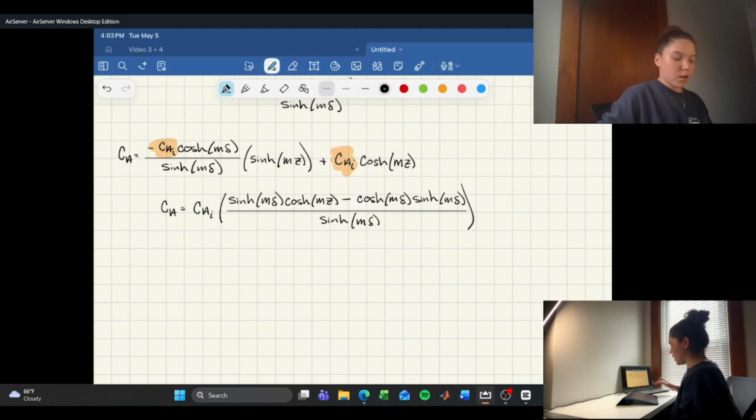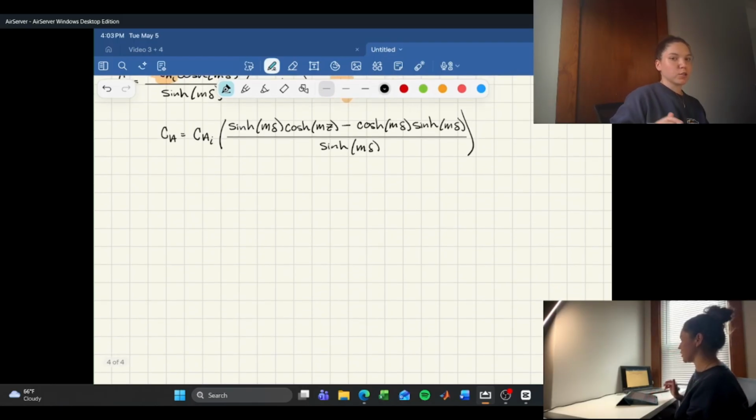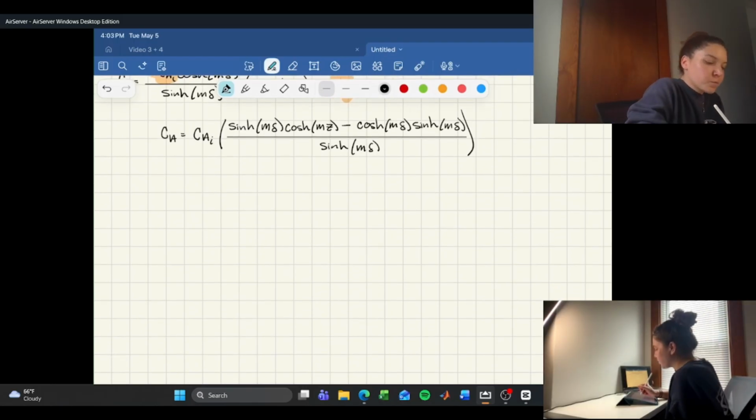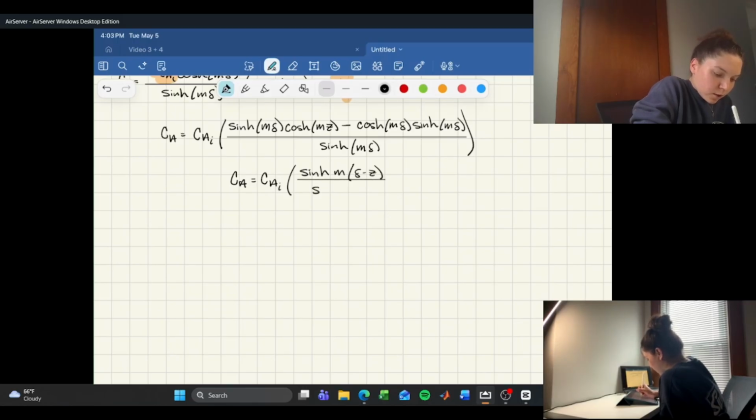All right. And now we get to use the angle addition formulas, and this will simplify to the concentration of A being equal to concentration of A at the interface times the hyperbolic sine of m times delta minus z, over the hyperbolic sine of m delta.